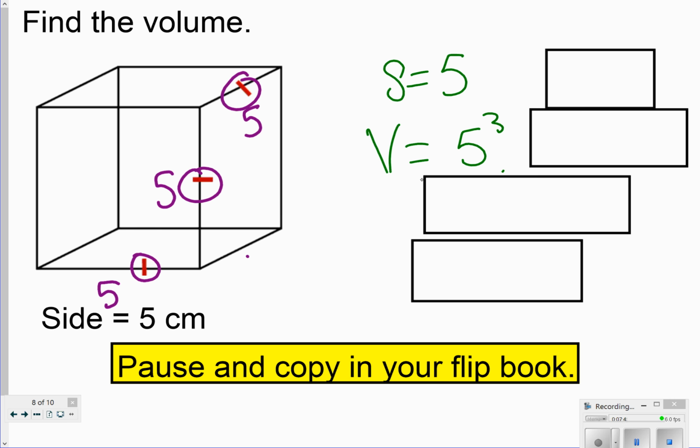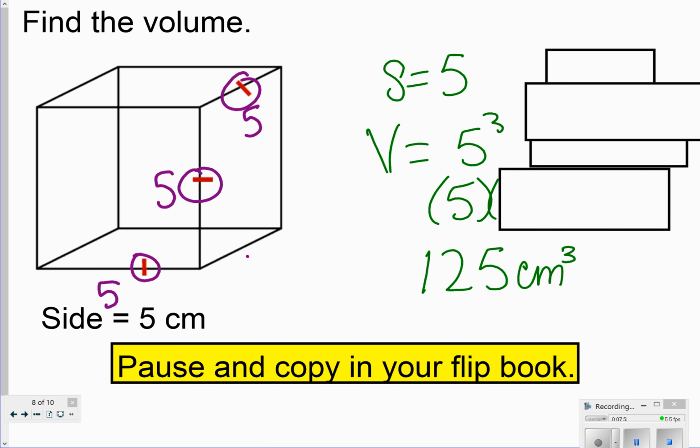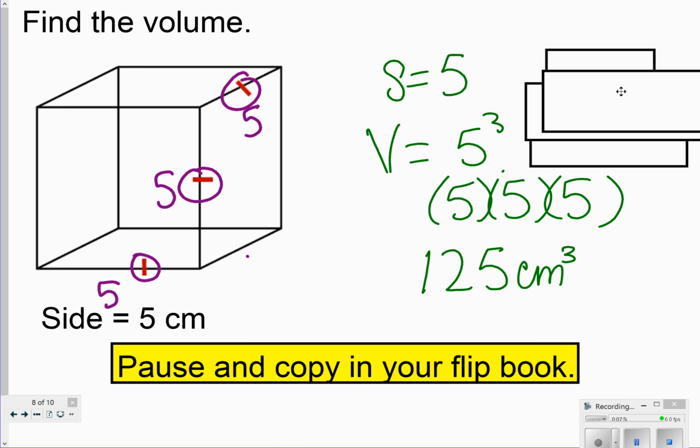So the formula would be 5 to the third power. That's the same thing as 5 times 5 times 5. So the volume for this specific cube would be 125 cubic centimeters. Go ahead and pause the video and copy this into your flipbook.